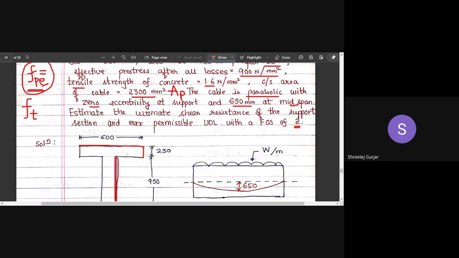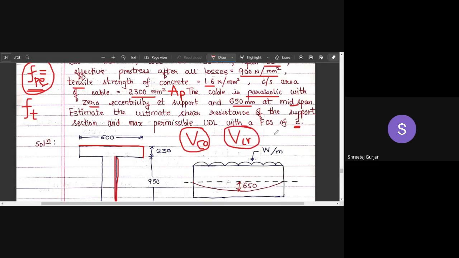We have to estimate the maximum shear resistance VC, and here it is uncracked, so it will be VCO. It is not VCR, it is not the second case. It is the first formula which we have to use.